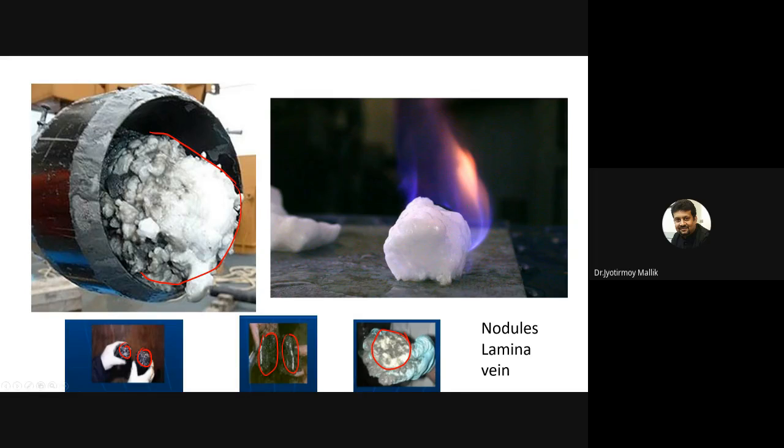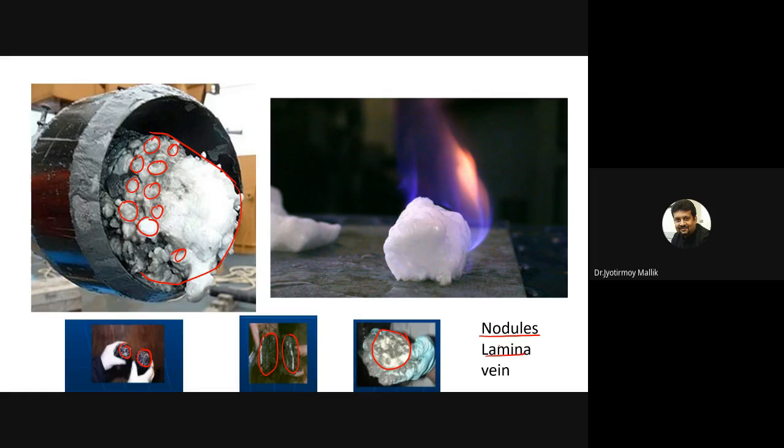So they form. What are the different forms? They can form nodules, like we can see here, like small pebbles. We call them nodules, like perhaps you have heard about manganese nodules. Similarly, they are like ice nodules, small conglomerates, small balls of ice in which the clathrate can stay.